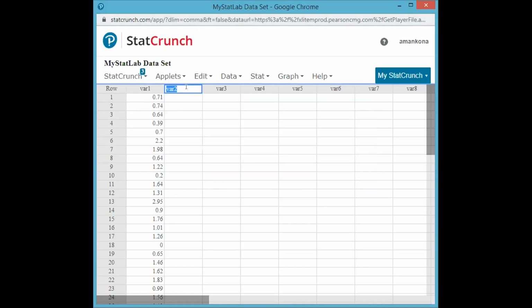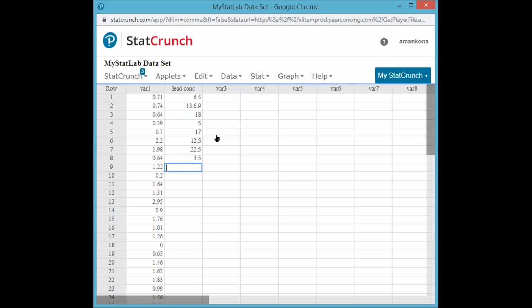I'm going to call this lead concentrate and enter these values. The data set we have was 6.5, 13, 6, 9, 18, 5, 17, 12.5, 22.5, and then 3.5.